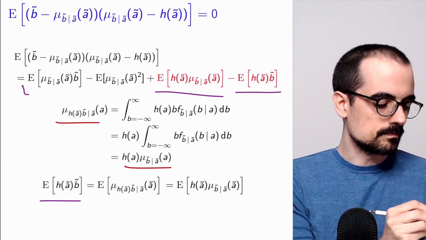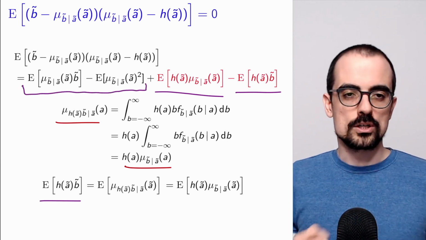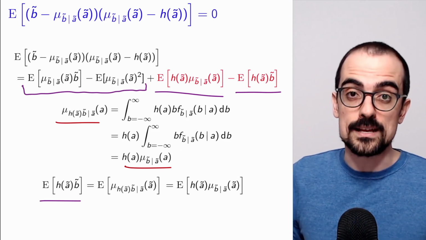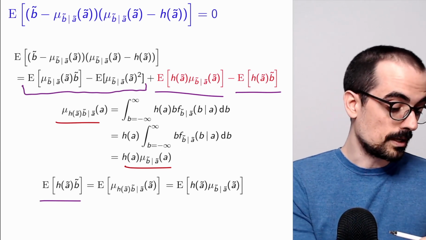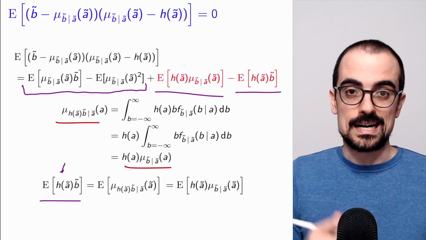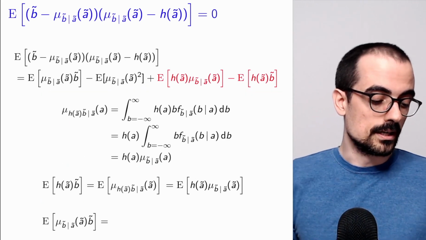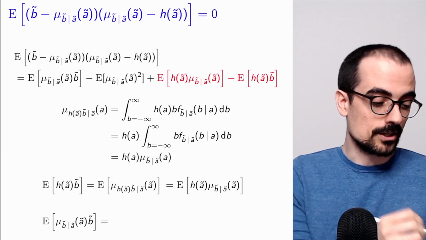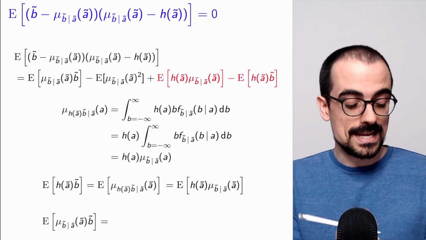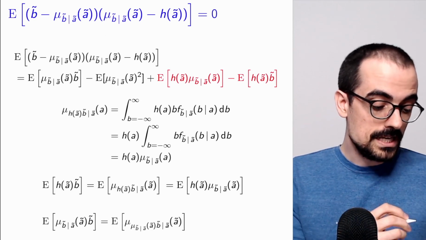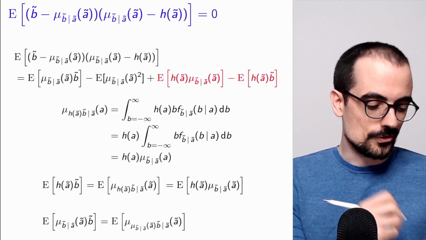What about these guys? Here we're going to remember that the conditional mean function is actually a function of A. So in particular, we could plug it in here and apply this identity that we have proved. So the mean of the conditional mean function of B given A, times B, is equal to the mean of this conditional mean function.